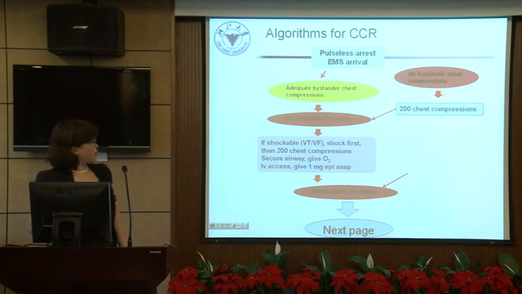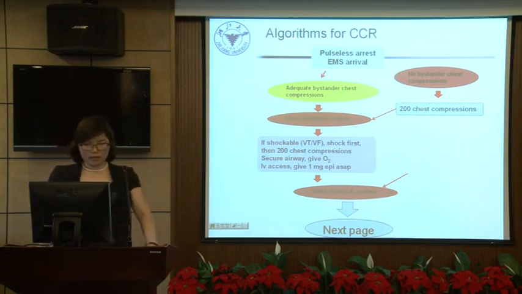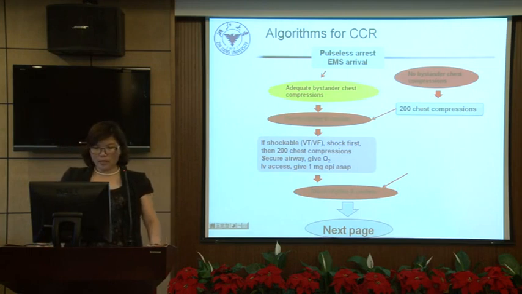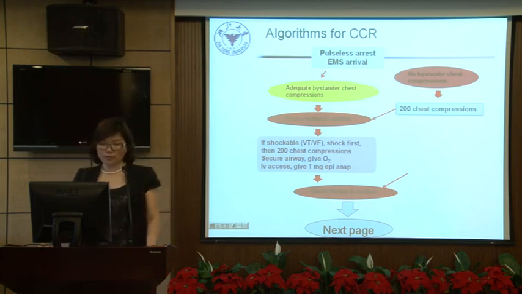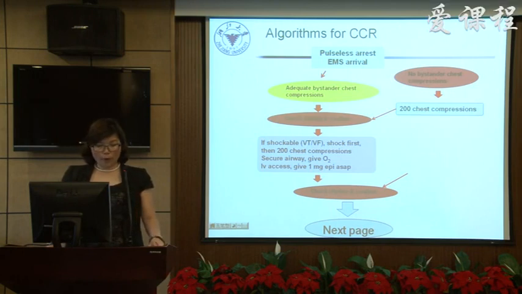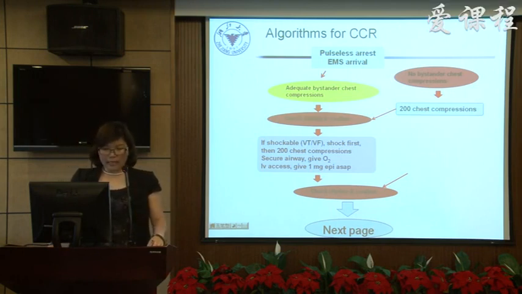The algorithm for CCR, for pulseless arrest: EMS arrives, and you give adequate bystander chest compression, then check the rhythm and confirm it. If shockable, you give a shock, secure the airway, and give oxygen.